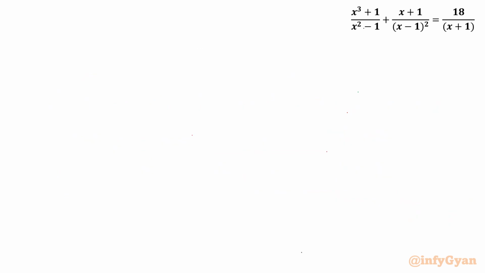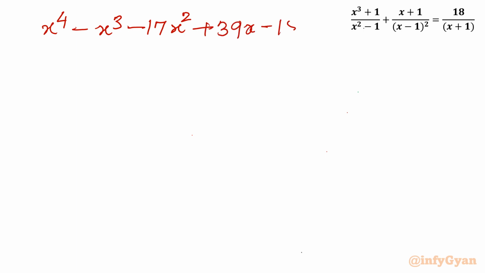Let me write here x^4 - x^3 - 17x^2 + 39x - 18 = 0. Let us put x is equal to 2 in this equation.